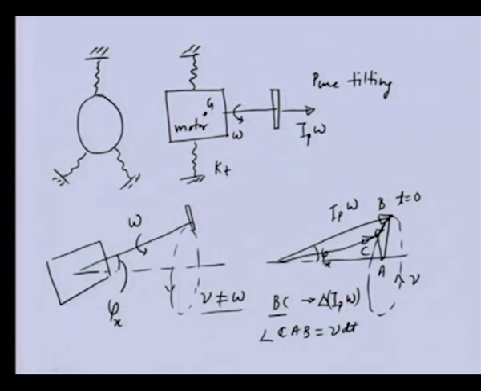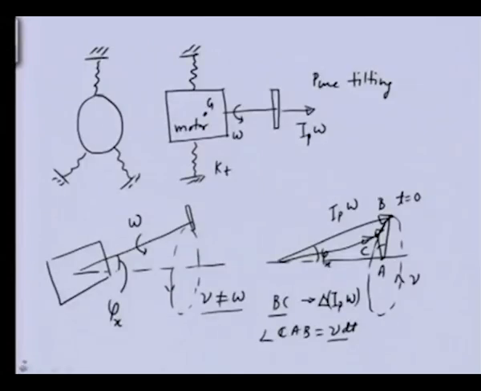This is because the whirl frequency is nu and the time taken to move from B to C is delta t. So this BAC will be the angle nu dt.